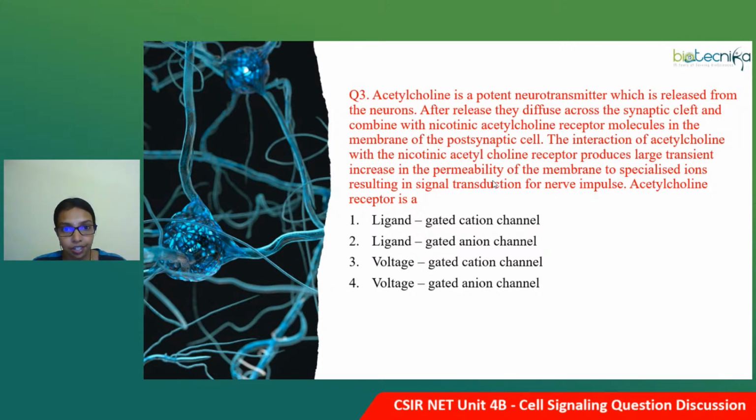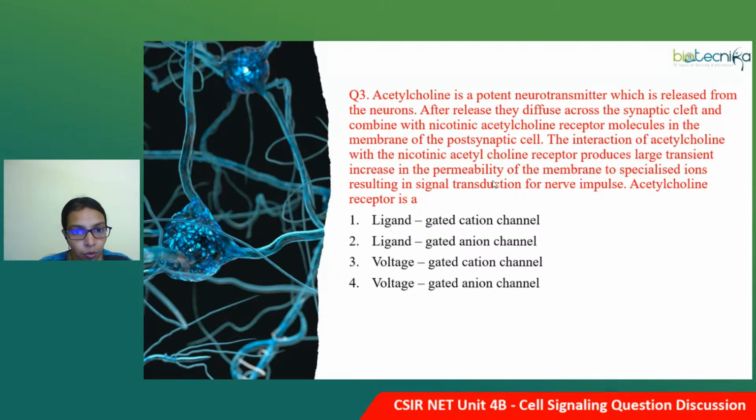Very direct question. The only thing is that you have to be sure of what kind of channels are there. Yes? Okay, very good. As I can see, the majority of you have given answer 1. Anyone else?